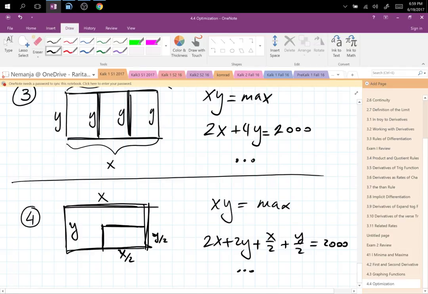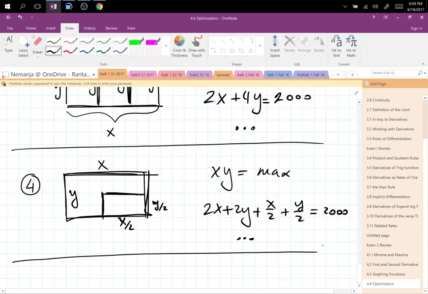And I put 3 dots again because you add a common denominator, figure things out, plug in, take the derivative. So all of these problems are constantly the same.